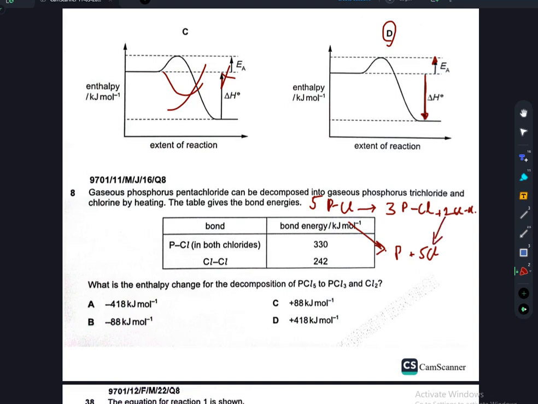And likewise. Because the 5 P-Cl bonds are obviously being atomized, this is the change of atomization.